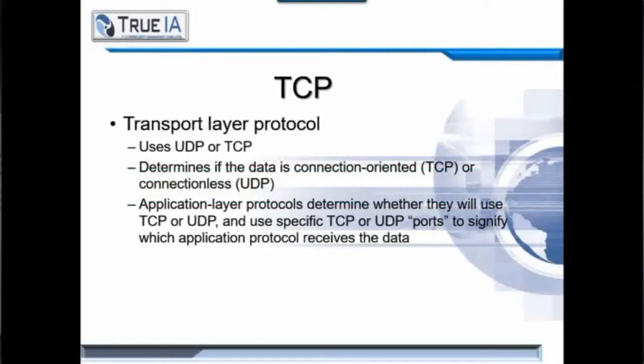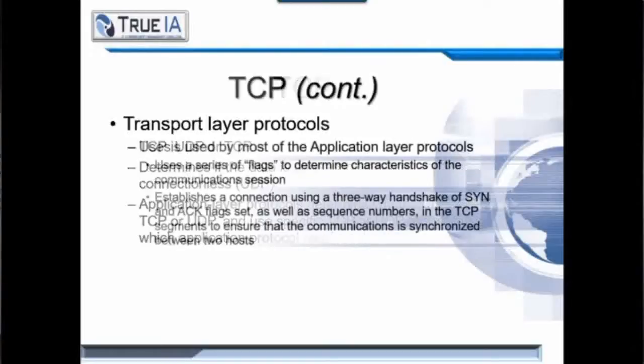The transport layer of TCP/IP is TCP. It uses both UDP and TCP. Depending on the protocol that you're using will determine if the data is connection-oriented or connectionless. Application layer protocols determine whether they use TCP or UDP and use specific TCP and UDP ports to signify which application protocol receives the data.